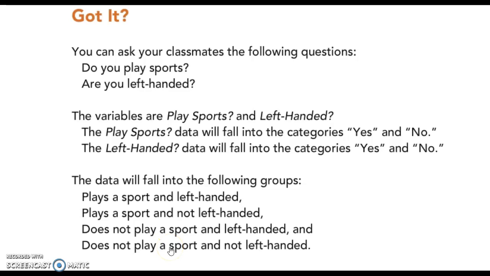So once you have all of those answers, then you're going to be able to go ahead and graph and chart your data. Right now, all we're caring about is, can you identify if there are bivariate and categorical data? Okay, you're going to start your homework and let me know if you have any questions.